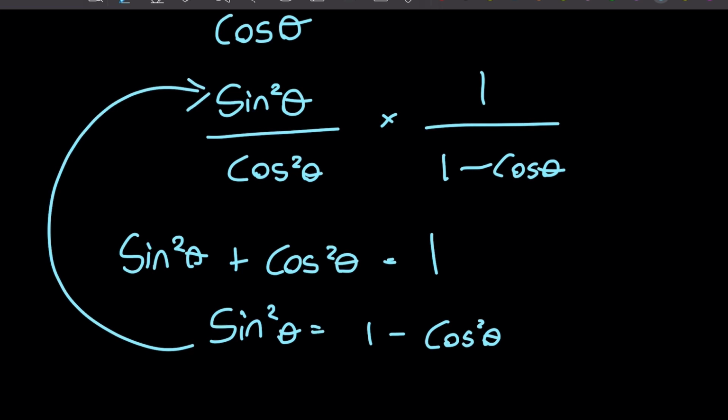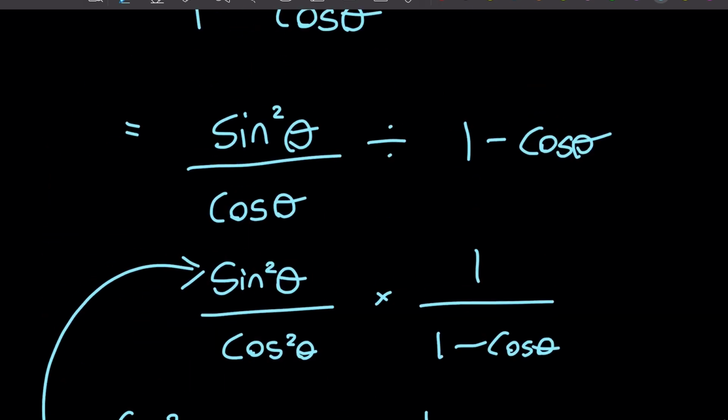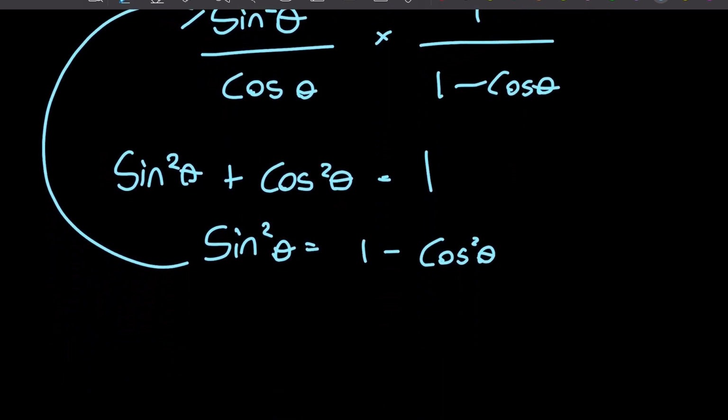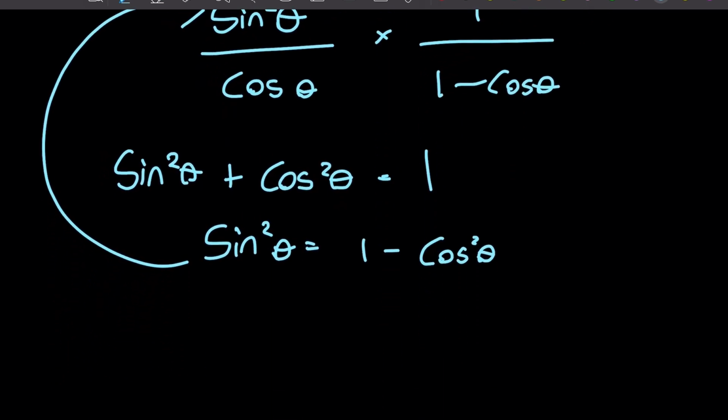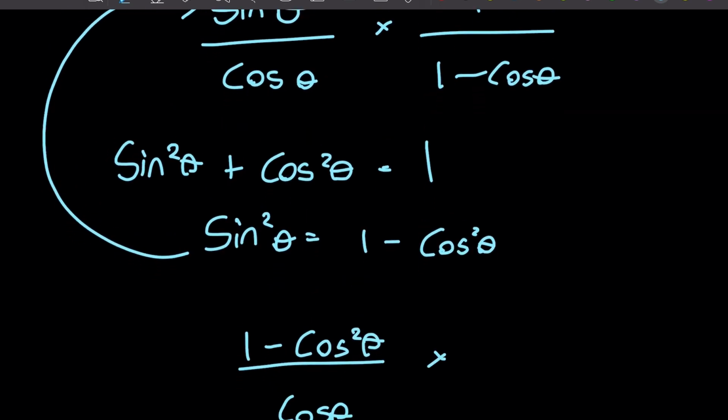So in place of sine squared theta here, we want as much information as we can get because we're going to want to try to solve this question, right? And oh my gosh, I'm so sorry, I have cos squared theta here just because so many squared stuff. My apologies. So we know it's equal to 1 minus cos squared theta. So instead of sine squared theta, we'll write 1 minus cos squared theta over cos theta. It should be multiplied by 1 over 1 minus cos theta.